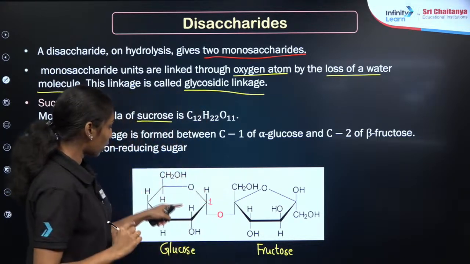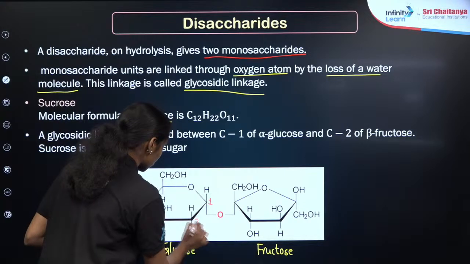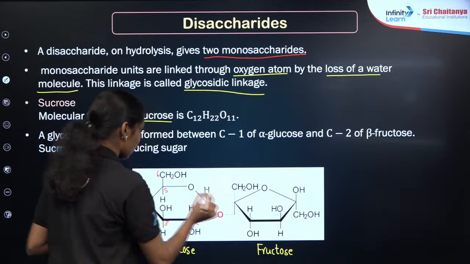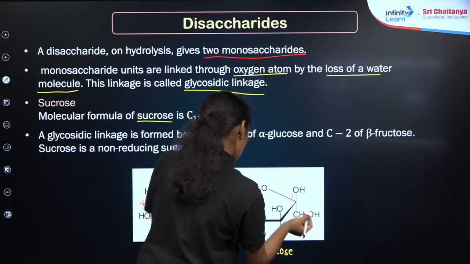Now I am going to the numbering of the carbons here. 1, 2, 3, 4, 5, 6, right? Again here also 1.